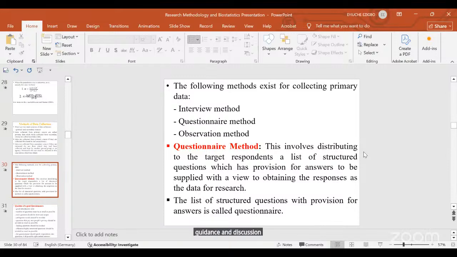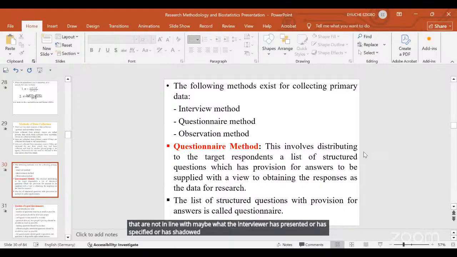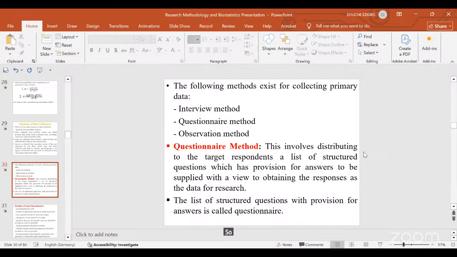All of us watch interview sessions on television. Even when a panelist is discussing certain things that are not in line with what the interviewer has presented or scheduled, the interviewer has the responsibility of guiding the discussion, and you guide it politely.